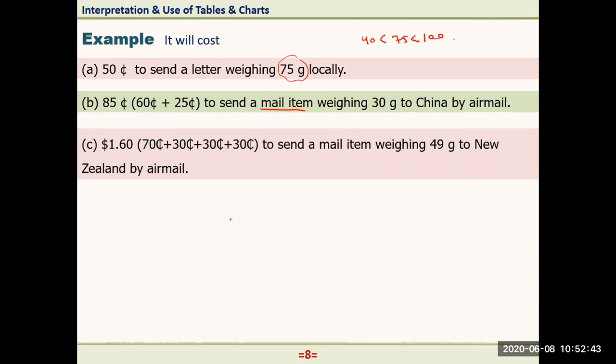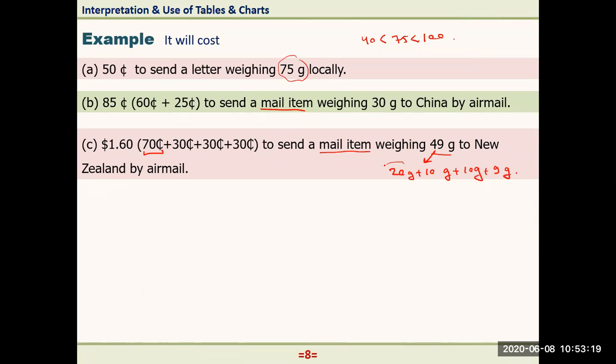Okay. Another example, to send a mail item weighing 49 grams to New Zealand. If we look at the table, New Zealand is in zone 3. Zone 3 says that the first 20 grams is 70, right? I can write 49 as 20 grams plus 10 grams plus 10 grams plus 9 grams, right?